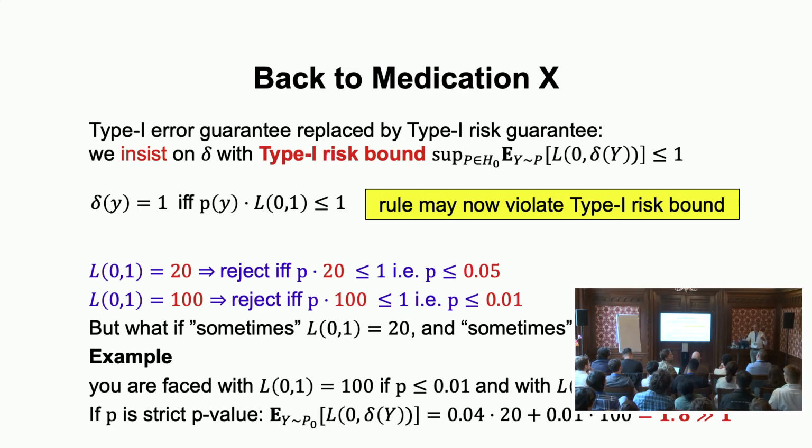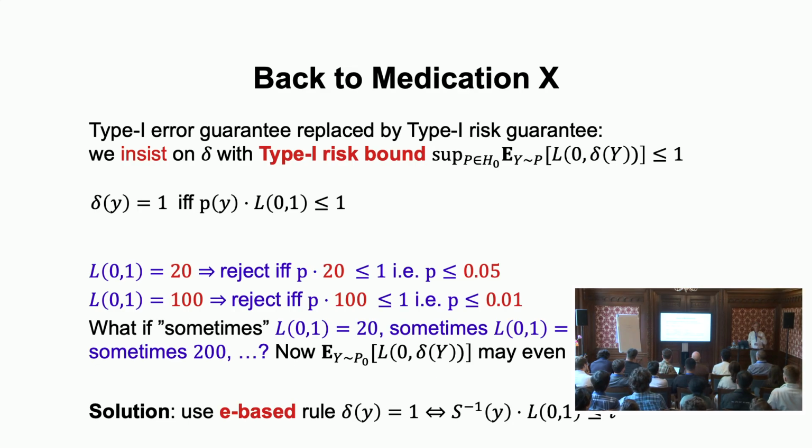So that's already 1. But then with probability 0.04, everything between 0.05 and 0.01, you also reject, but with loss 20. So you get 0.04 times 20, which is 0.8, for a total of 1.8. But your promise was 1, right? Your promise here was I want to have an expected loss, a risk, bounded by 1. That's what I promised the policymaker, but it doesn't hold anymore with p-values.